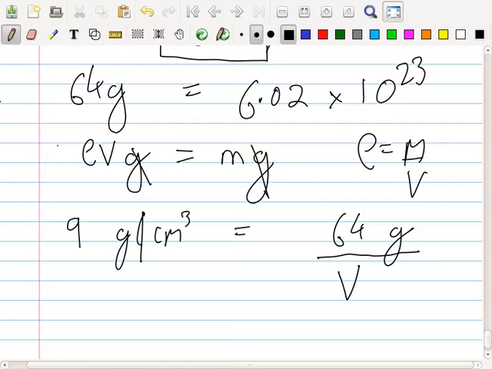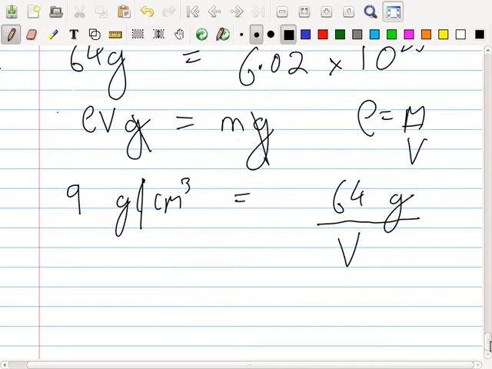So 64 over 9, calculate that, please. These are all cm, just leave them as cm. So volume equals 7.1 cm cubed.